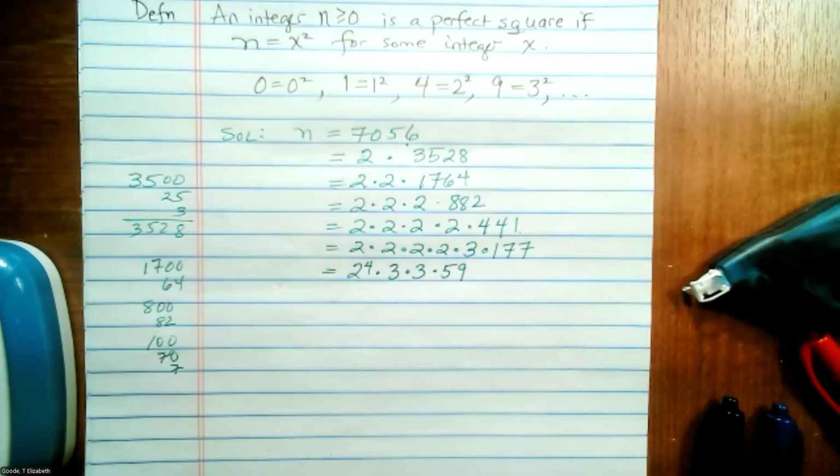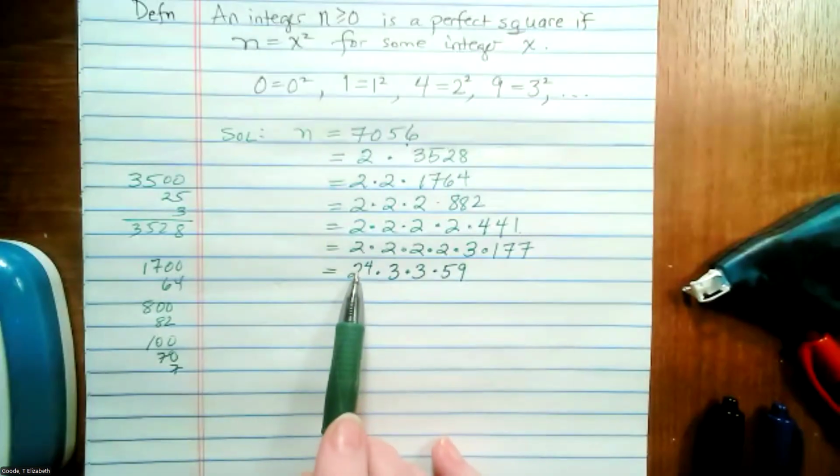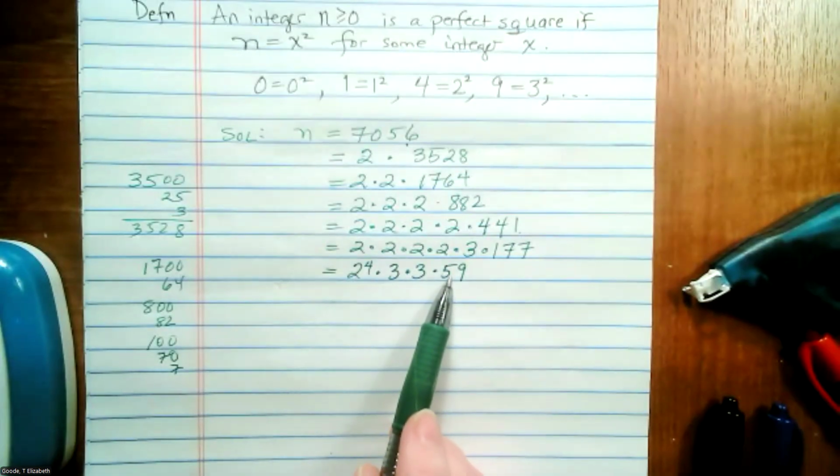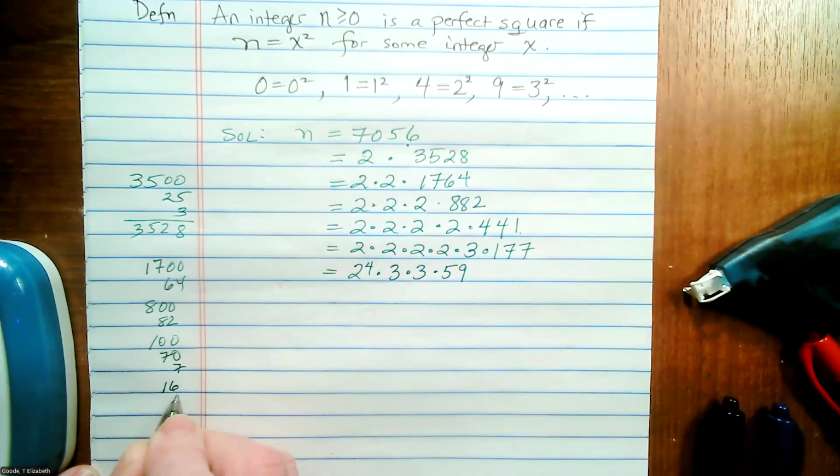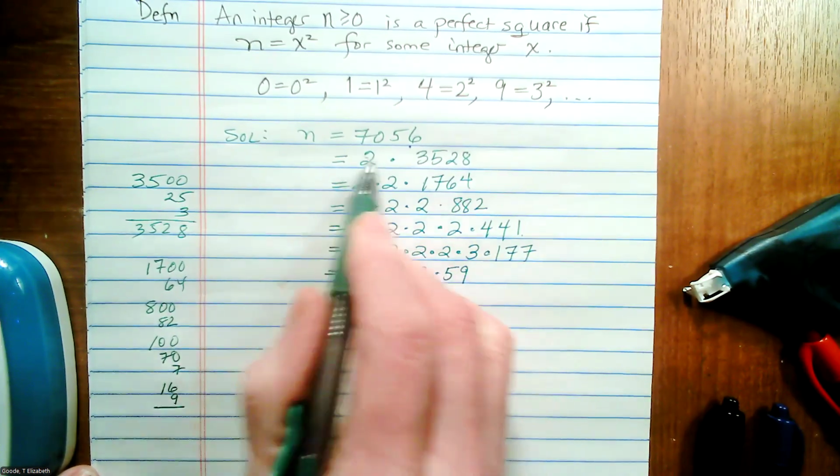Can you multiply 16 times 9 times 59, please? I don't have a calculator with me. I get something higher than that, so there's a mistake here.